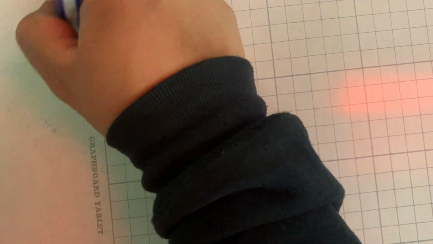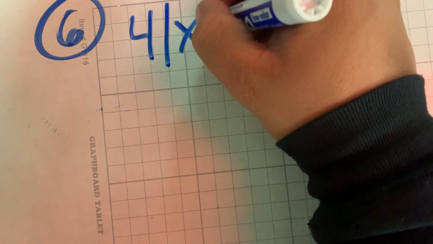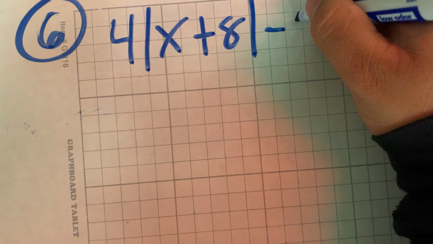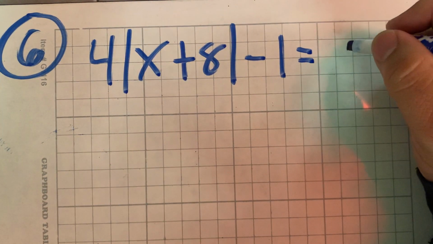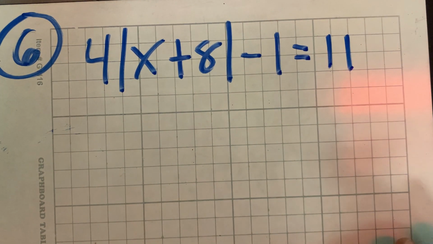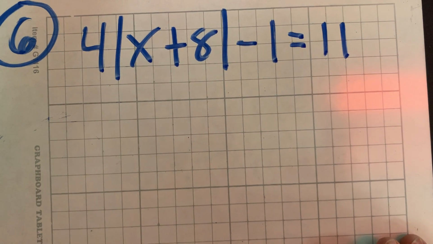We're going to do one more. We have 4 times the absolute value of x plus 8 minus 1 is equal to 11.